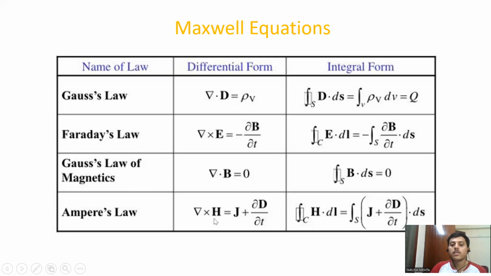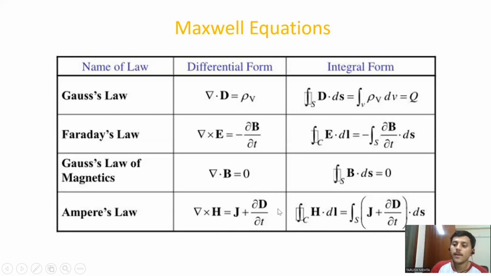So Ampere's law states that curl of H bar is equal to J plus del D by del T. So this del D by del T is also called the displacement current density, and this J is called the conduction current density. Or in integral form, integral H dot dl becomes integral of J plus del D by del T dot dS.